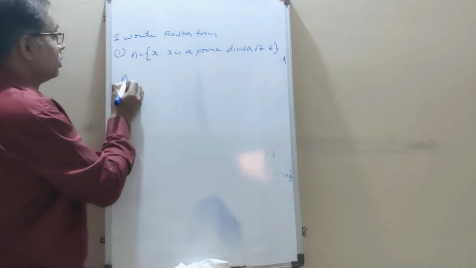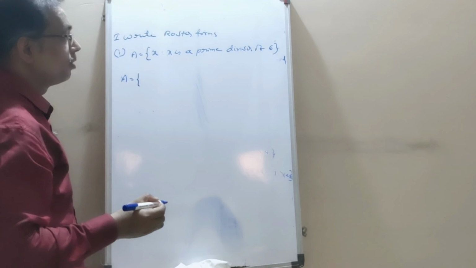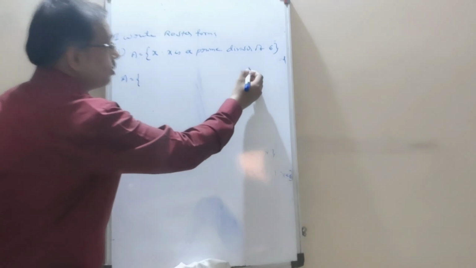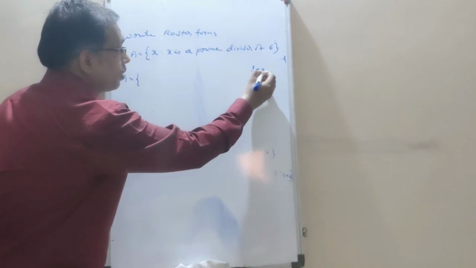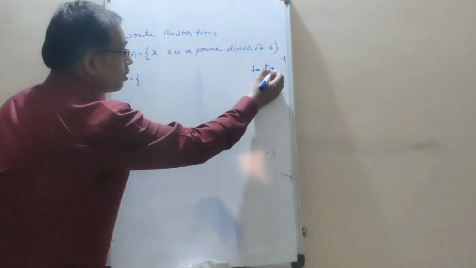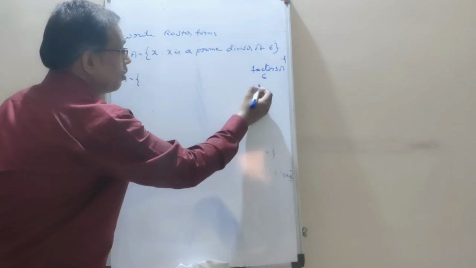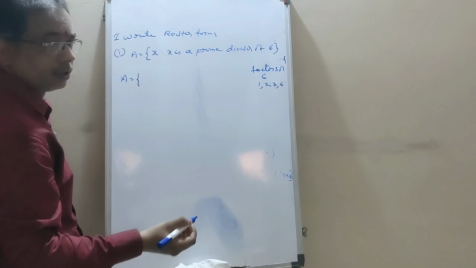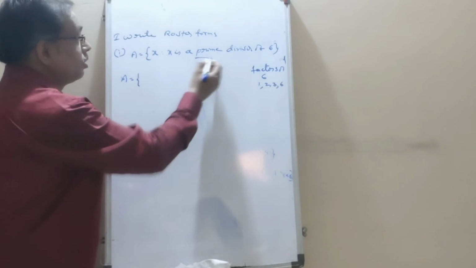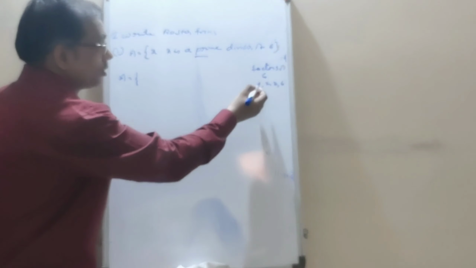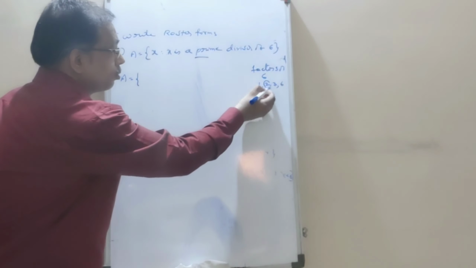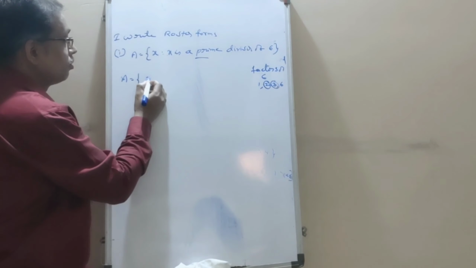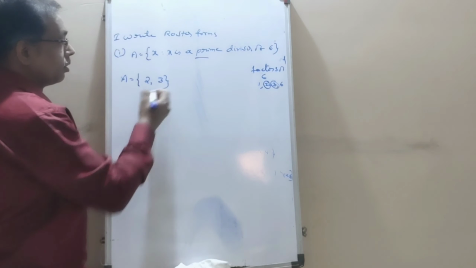So here the set A is equal to, we have to first write all divisors of 6, that means factors of 6. So factors of 6 are 1, 2, 3 and 6. So among these we need only the prime divisors. Prime divisors means prime numbers. So 2 and 3. So 2, 3.